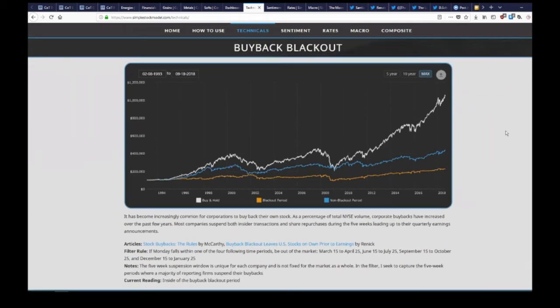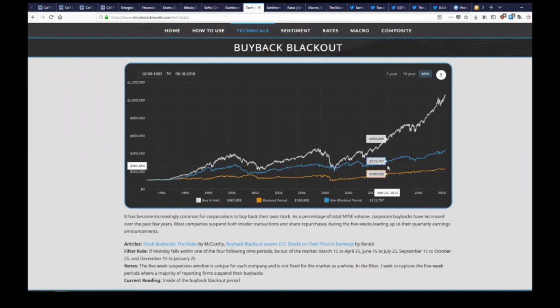And this week we actually started to enter the very first part of that blackout period for the next batch of quarterly earnings. In a year where buybacks are so huge, maybe this is worth paying attention to a little bit more, especially as more companies fall into that blackout window.